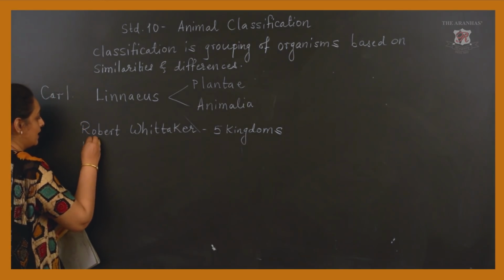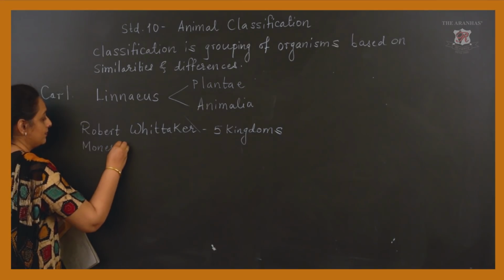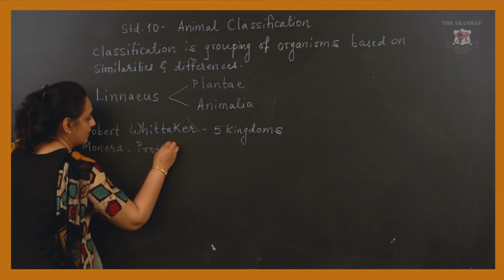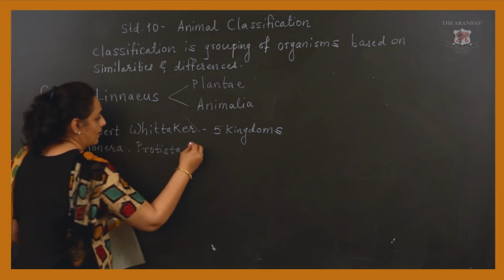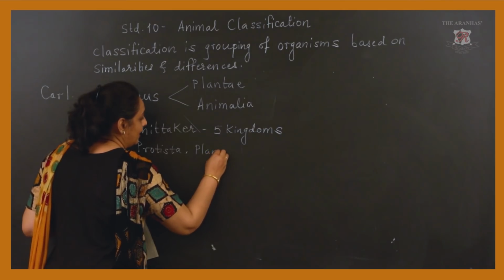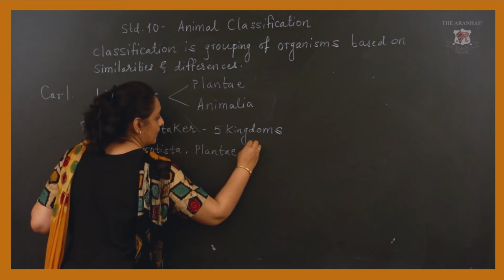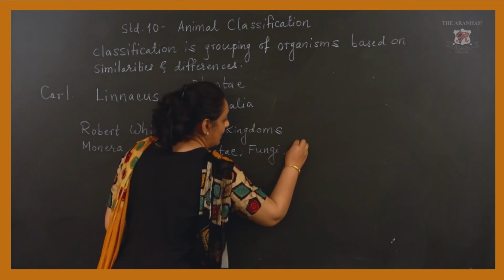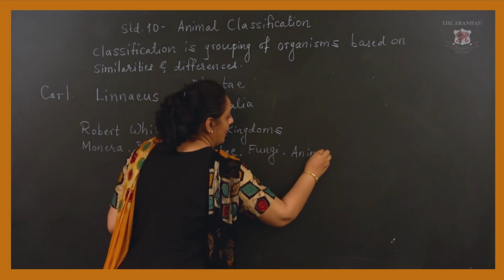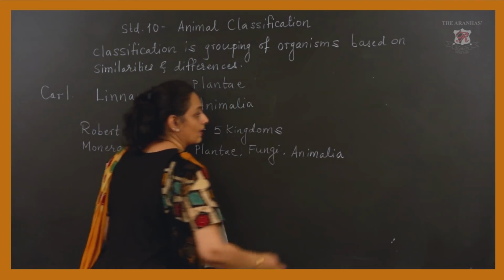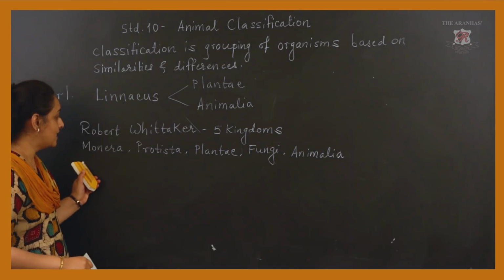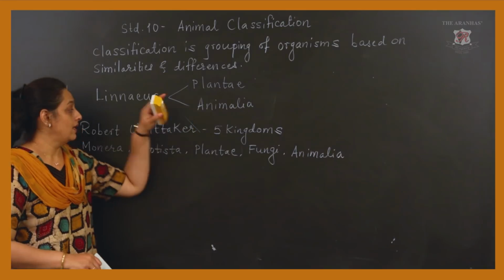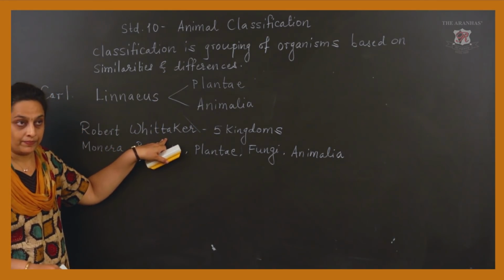The first is kingdom Monera, second is Protista, kingdom Plantae, kingdom Fungi, and kingdom Animalia. Okay, so these are the 5 groups or kingdoms in Whittaker's system.